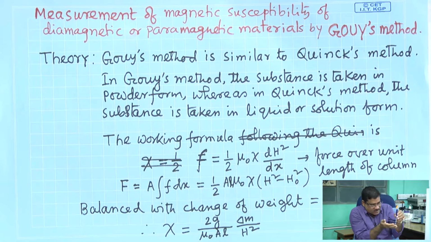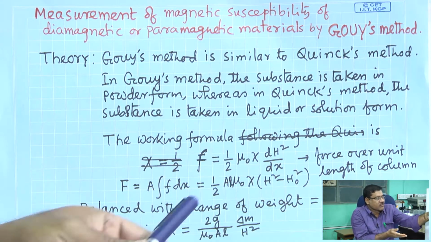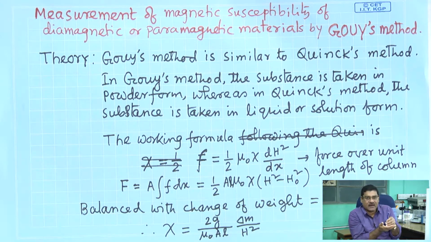If some force is acting upward, the sample will feel lighter. That is what happens if it is a paramagnetic material: the force will be upwards. In a diamagnetic material, this force will be downwards.